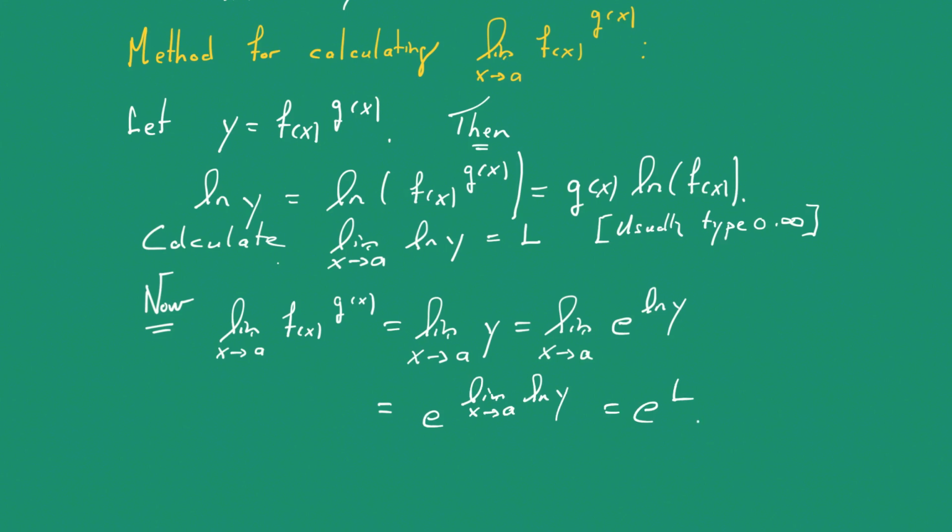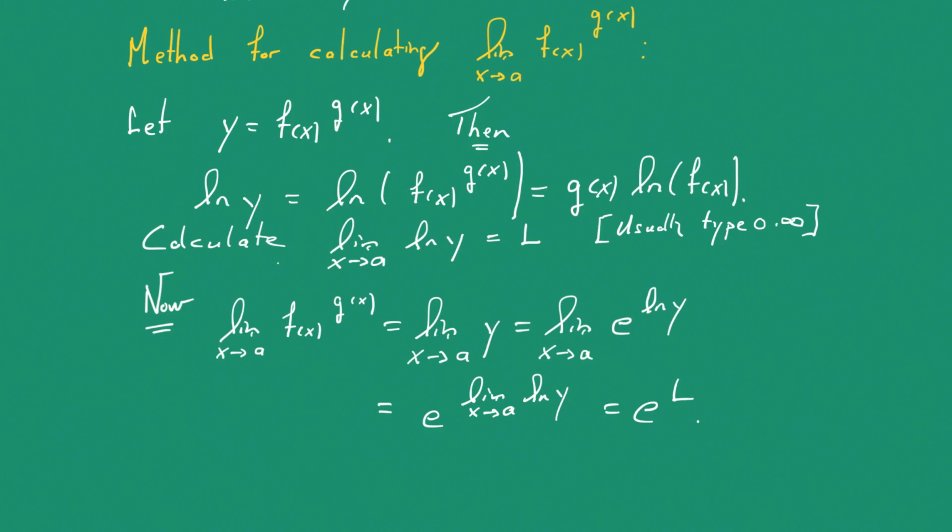All right, so that's the method that we're going to use in the next several examples to evaluate a limit of indeterminate type of this form here, f of x to the g of x. We'll let y equal f of x to the g of x. We'll then evaluate the limit as x tends to a of the log of y, rewriting the log of y in this form here using our earlier methods.